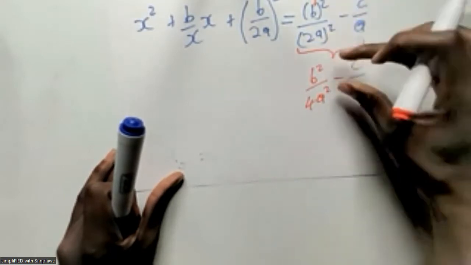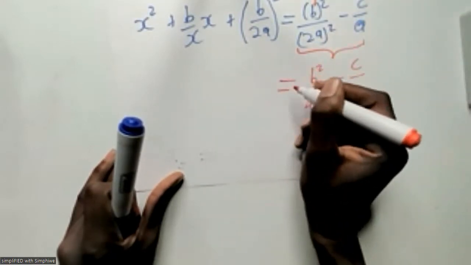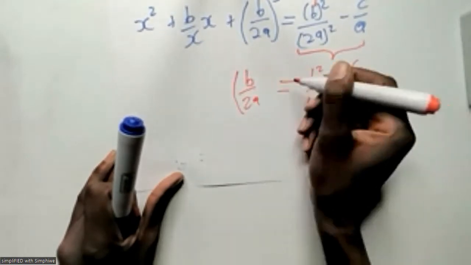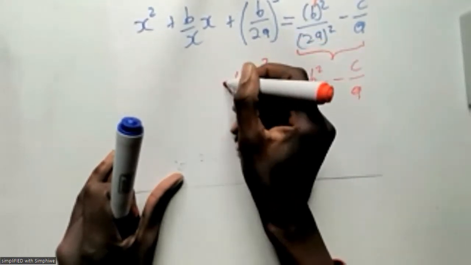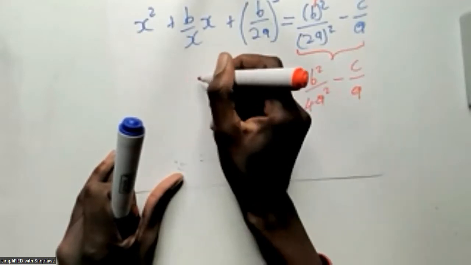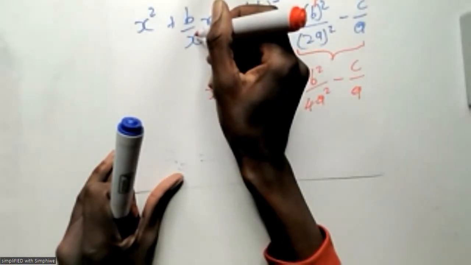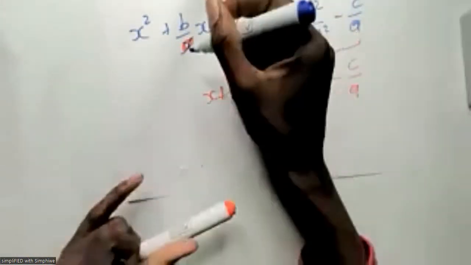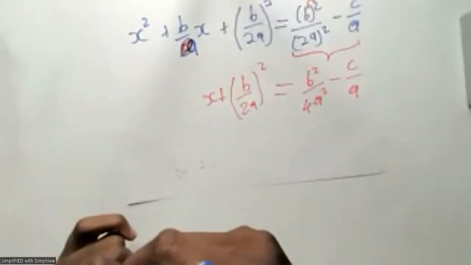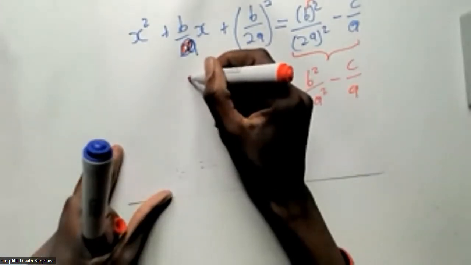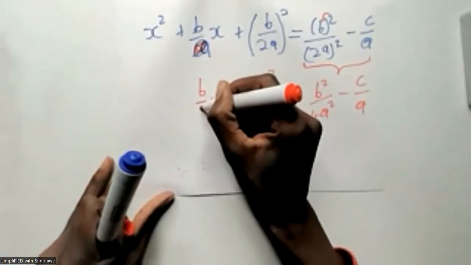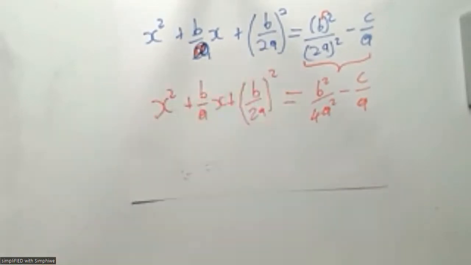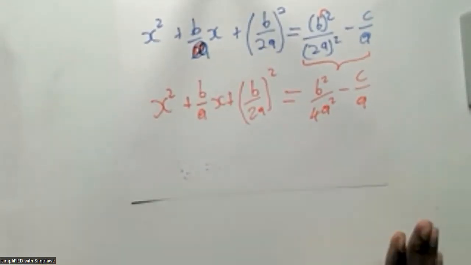So simplifying this thing, we have that this is equals to, this was supposed to be a. I just picked that up now. You see. So now I have this.